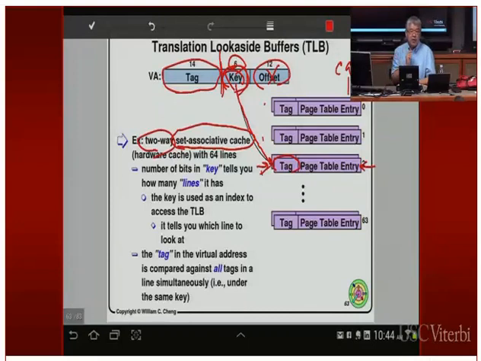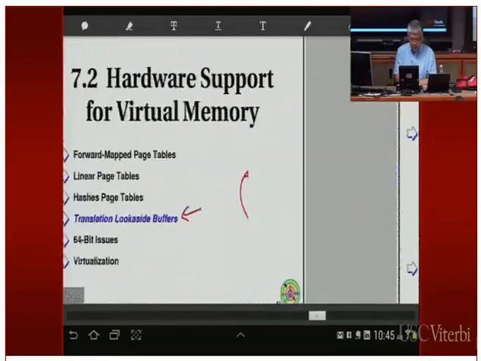So with a two-way set associative cache, for this particular key there are going to be 2 entries that you can compare in parallel. The difference between this and the clustered hash table scheme is that for the hash table, this is considered a collision, and you use a linked list to search through to find the right page table entry. Every one of these guys is actually, let me go back a few slides.